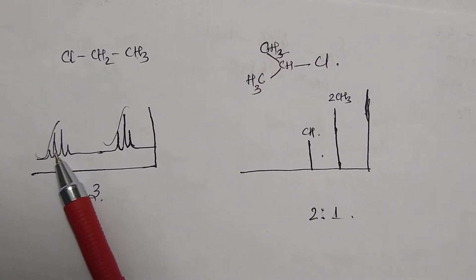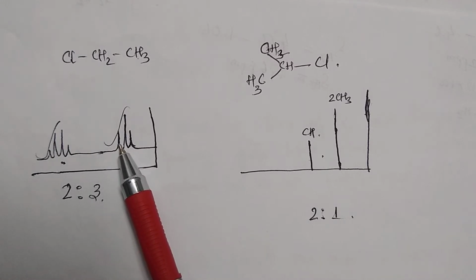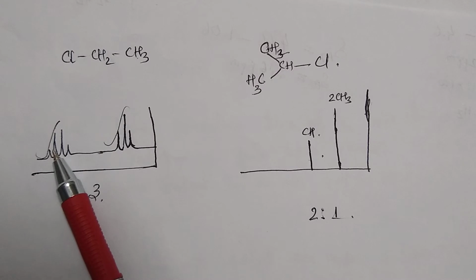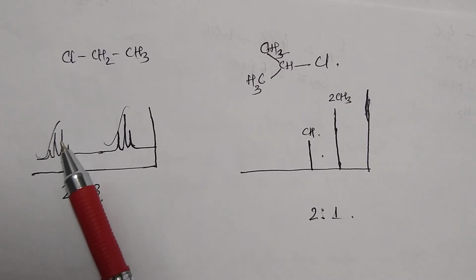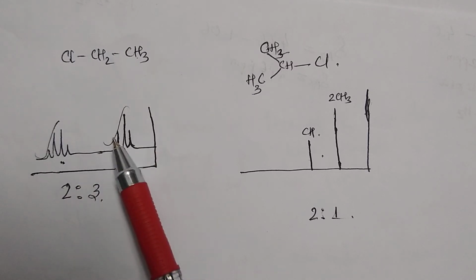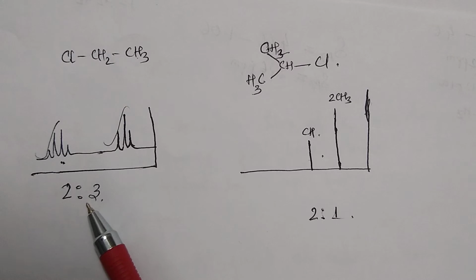As we can see in this rough sketch, it shows the proton NMR spectrum for this molecule. We have some broadness in these peaks. After integration of all this multiplicity, we will get a 2:3 area ratio signal.